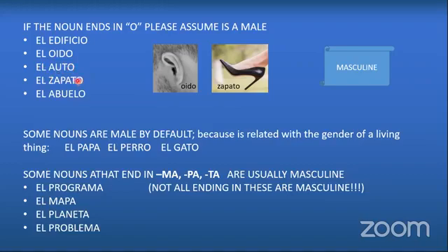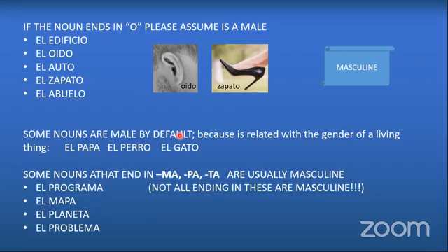El zapato, even though the girl is wearing the zapato, el zapato is going to be a masculine noun. El abuelo ends in O, and we have the article here, a masculine one. Why? Some nouns are male by default because they are related to the gender of a living thing.